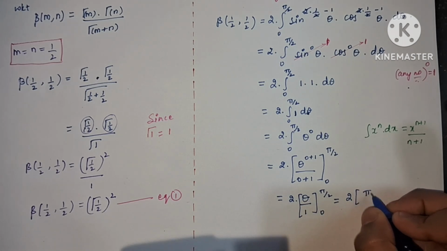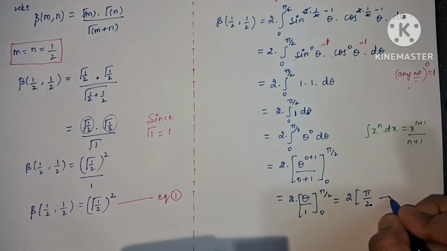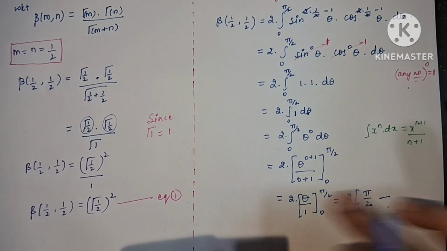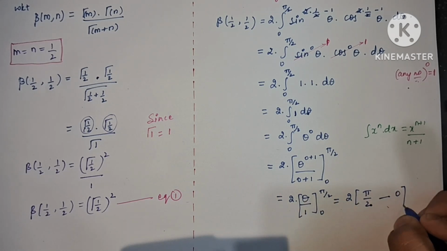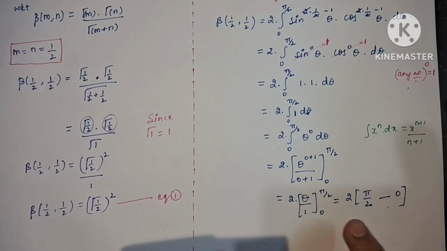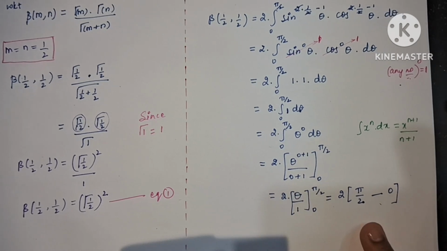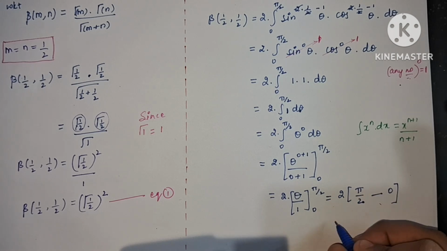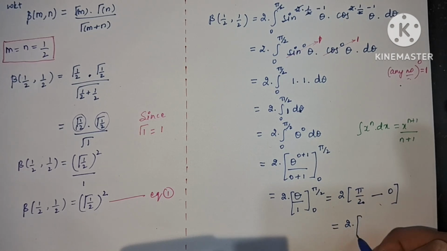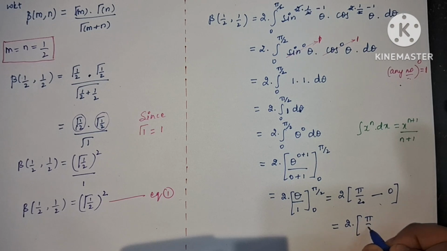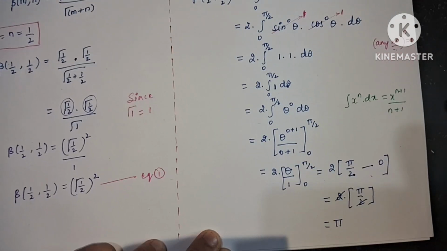For theta I substitute the upper limit first, minus the lower limit, 0. Theta by 1 is nothing but theta itself. Hope you understand this. So pi by 2 minus 0 gives 2 times pi by 2, and here the 2 and 2 get cancelled, leaving us with pi.